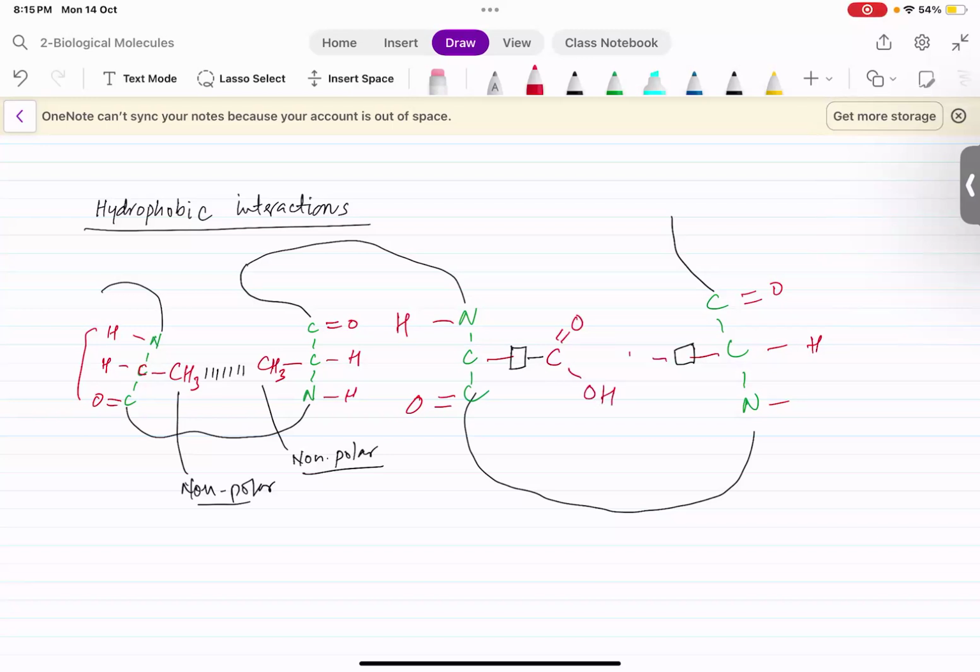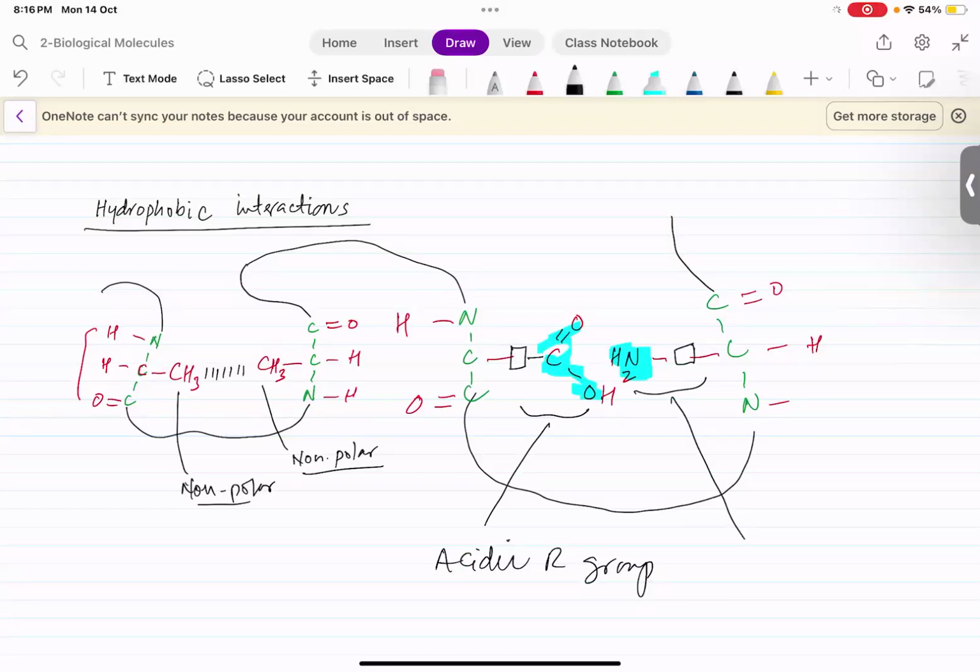And here I'll write NH2. Okay. So this part is an acidic R group and this part is a basic R group. I'll write that here, acidic R group, and this is a basic R group.